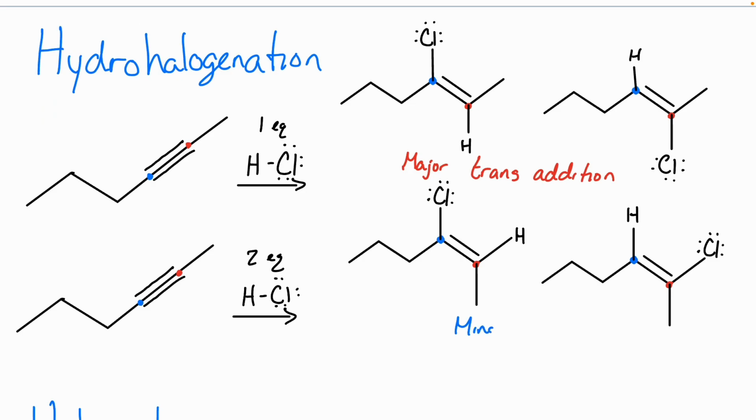And two of them would be our minor product, the cis addition product. Okay, and remember that's just because the cis addition product is just less stable. You got big bulky groups on the same side of that double bond.